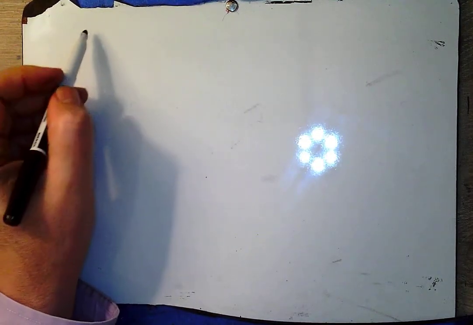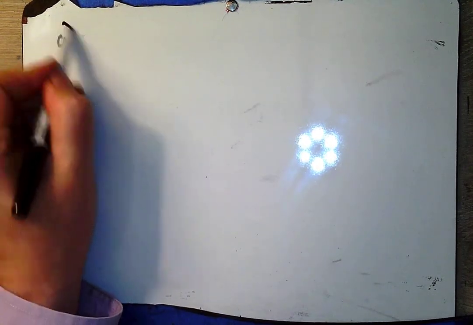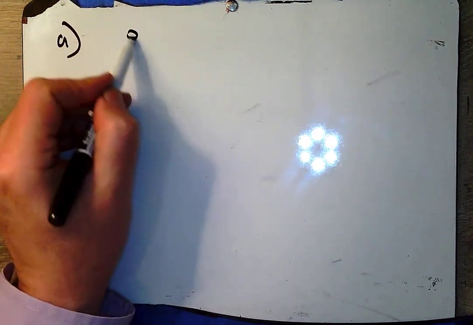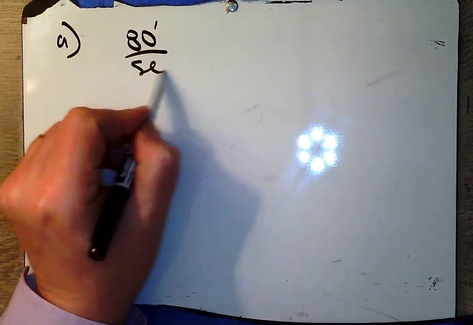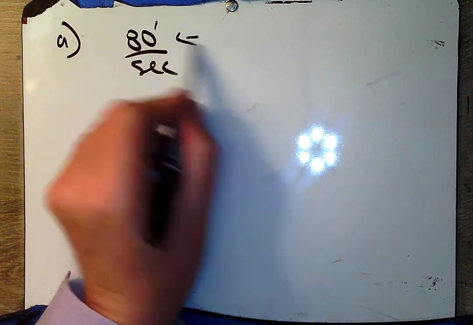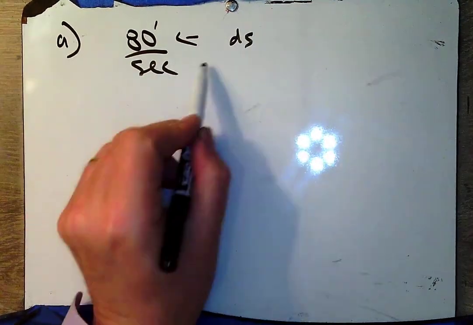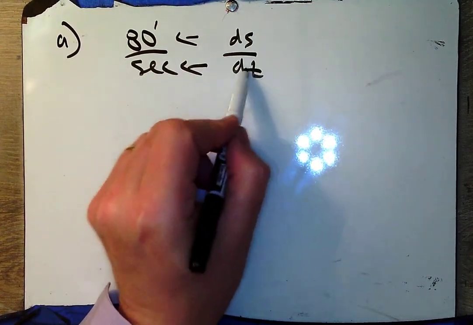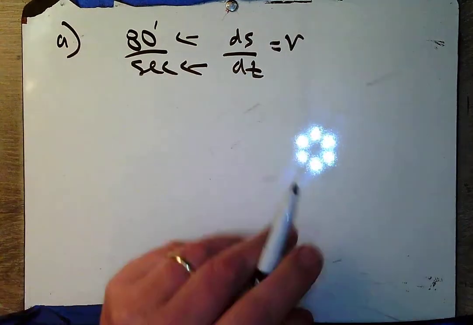Word problems. Oh, good. A couple of word problems. Okay. So, a car's going 80 feet per second. By the way, this is a change in position, and this is a change in time. And so, this is a velocity. All right?